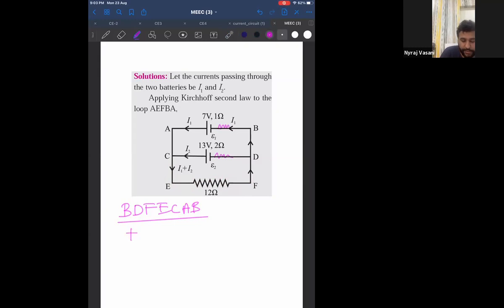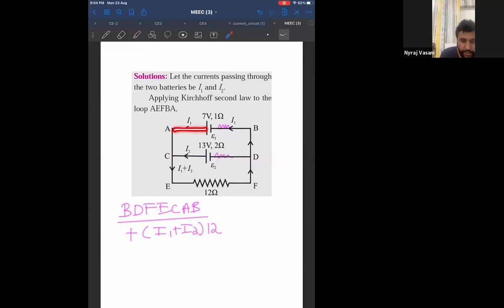So I'll have plus current into resistance. What is the current in that branch? Current in that branch is I1 plus I2 into resistance 12. Therefore, B to D nothing, D to F nothing, F to E I got my answer. E to C nothing, C to A nothing.